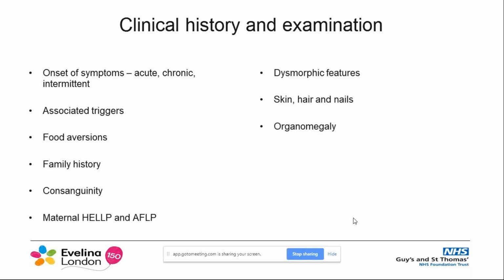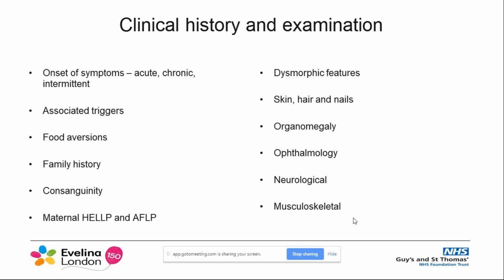And then examining children with metabolic conditions, I'll go through this very quickly. Again, not very specific. Some of our conditions cause dysmorphic features, I'll go through those a little bit later on. I tend to look at the status of children's skin, hair and nails and see what sort of condition they're in, suggesting good or poor nutrition.